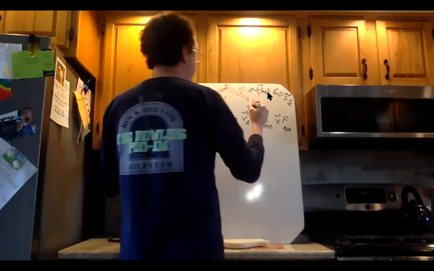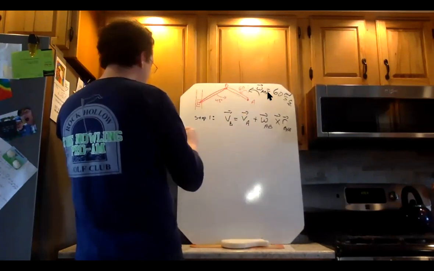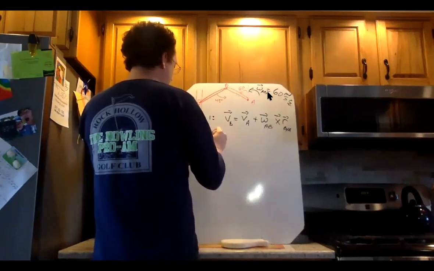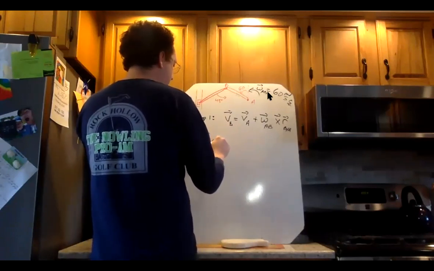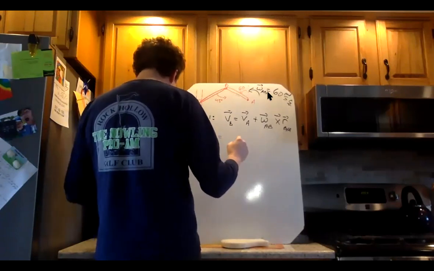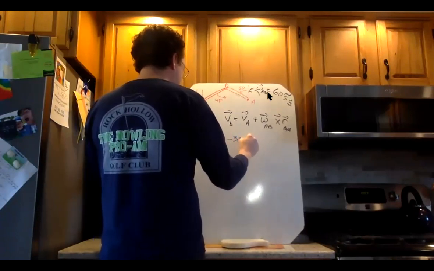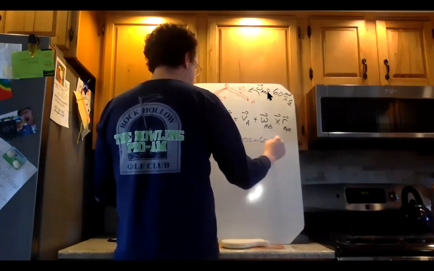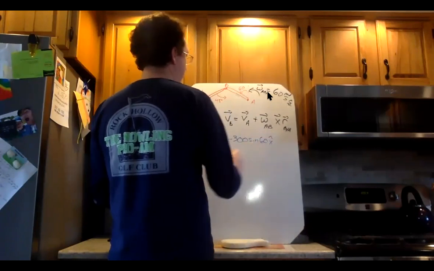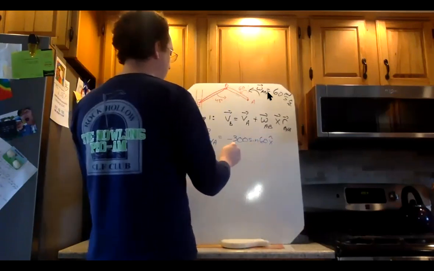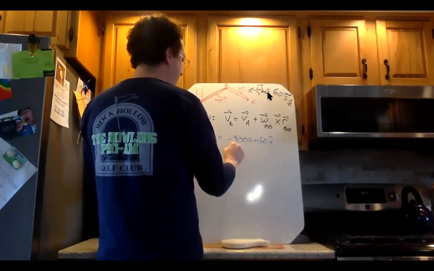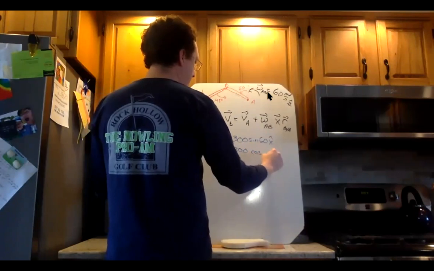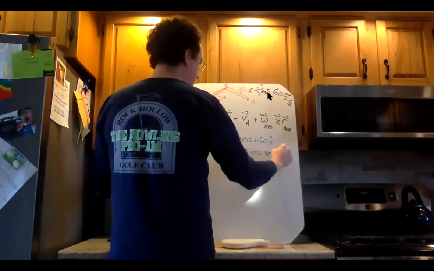And I hope I've got my numbers right. So I'm going to write R, change colors here, R of B relative to A, and I have negative 300 sine 60 X hat and then plus 300 cosine 60 y hat.